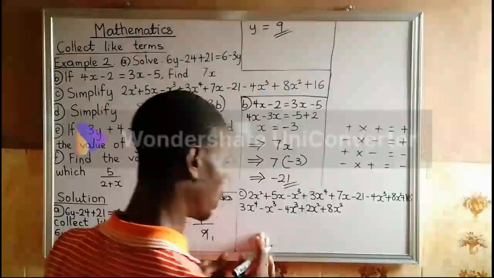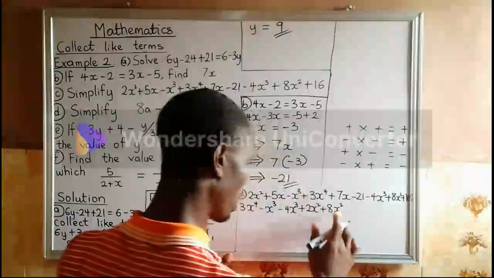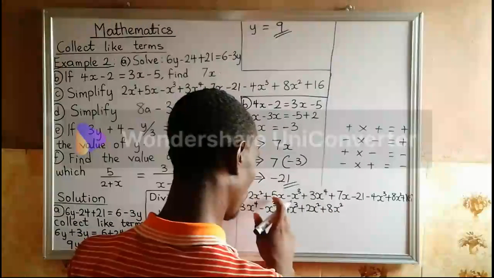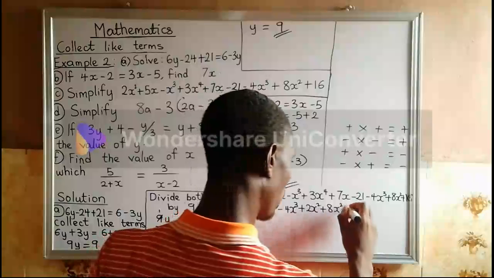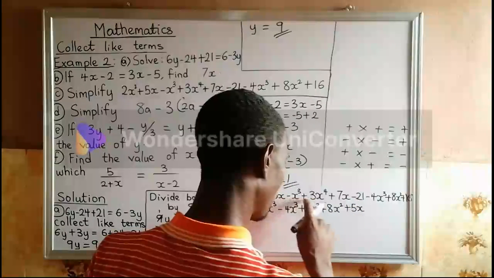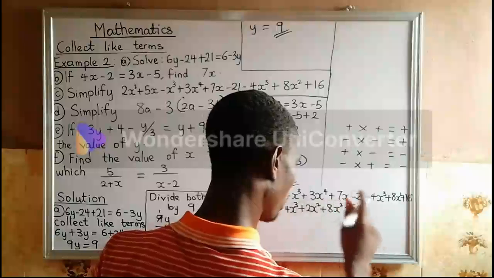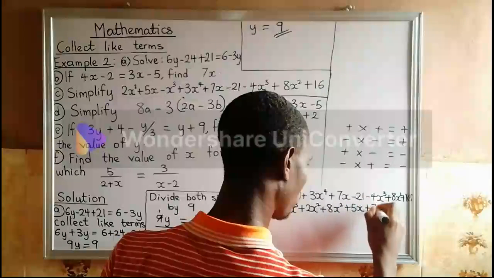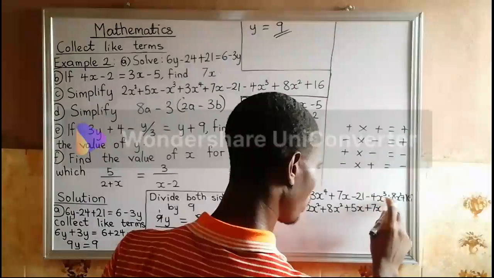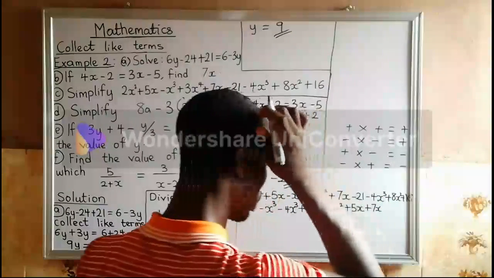No. So you move to the next one, and that should be the one that has just x, which means x raised to power 1. Okay, this one has 5x. Is there another one that has x? Just x, yes. Plus 7x. Is there another one that has x? Just x. Okay, no, that's all.